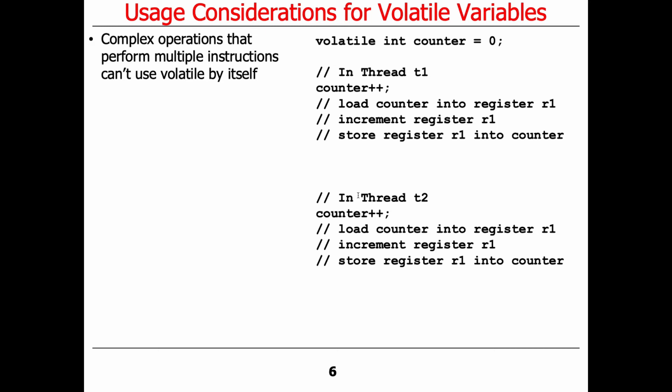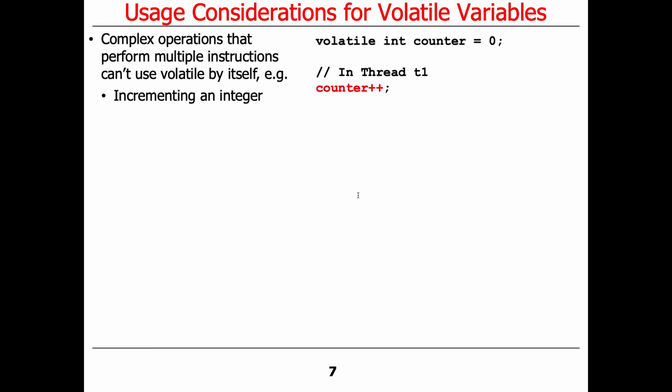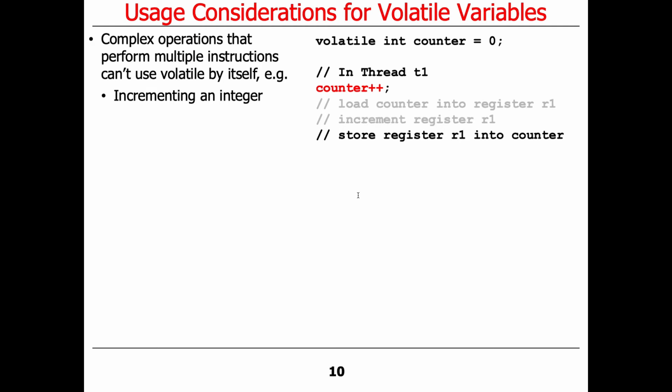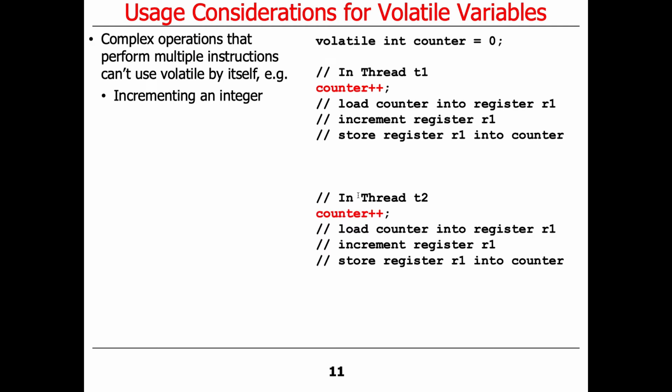And the problem is that something as simple as counter plus plus, which looks atomic at the source code level, actually ends up doing multiple things. So when you do counter plus plus, that loads the counter into the register, increments the register by 1, and then stores the register back into the counter. And those things can go ahead and interleave, and therefore you'll end up with inconsistent results.